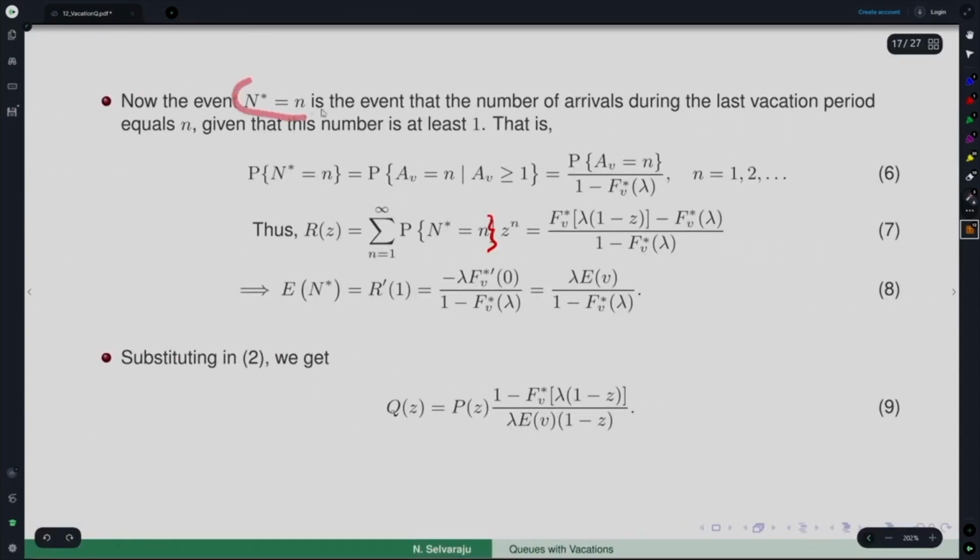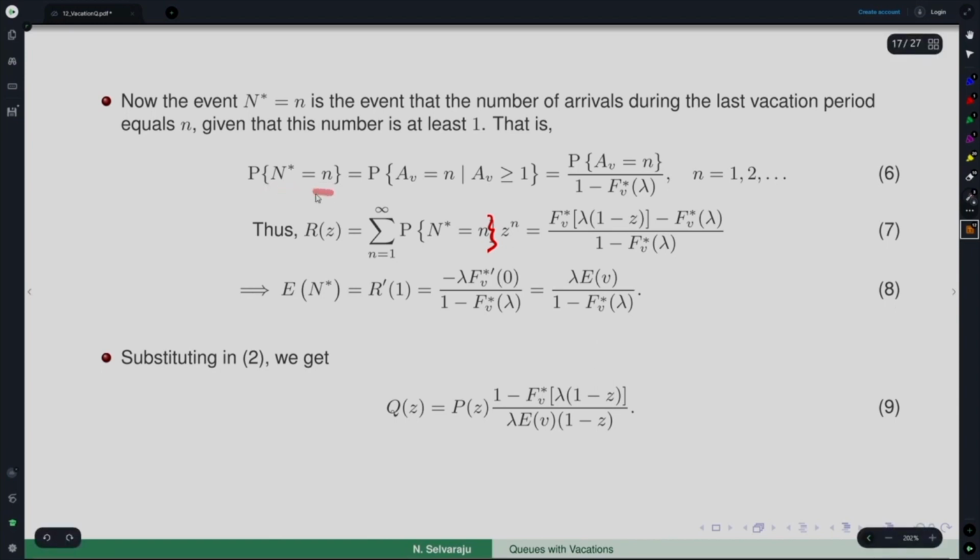Now, note that N star is a random variable. N star equal to n is the event that the number of arrivals during the last vacation period equals n, given that this number is at least 1. N star has to be at least 1 by definition, because this is the number of customers in the system at the start of a busy period, which has to be at least 1.